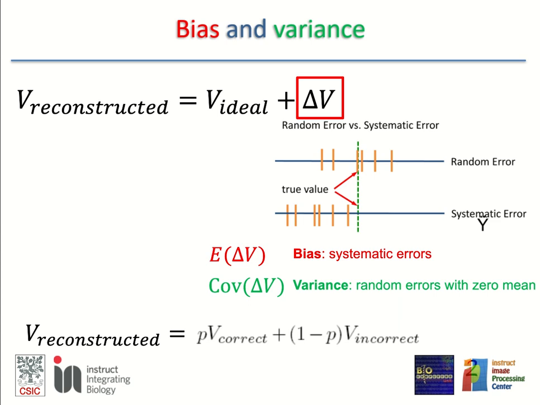So in general, let's say that we have a fraction p of parameters for which we have correctly estimated the value. So we are in this regime, even if we have some noise, but with no bias. Then this fraction p will result in a more or less correct structure. But the remaining parameters, 1 minus p, will give a completely incorrect structure. So our reconstructed map will be a mixture between the two.